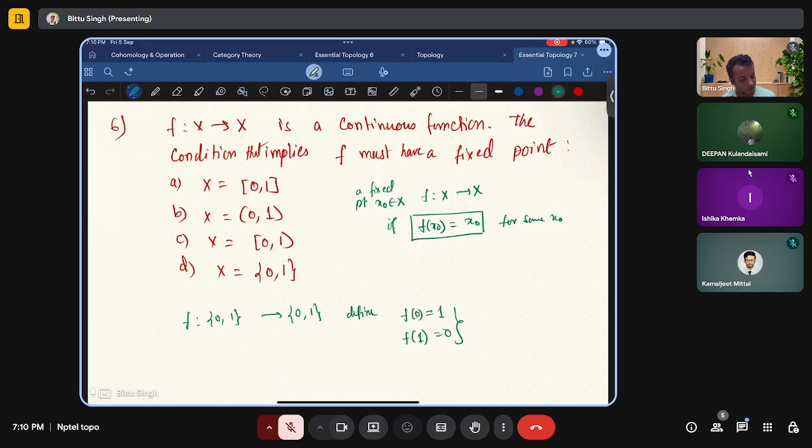So if we define it like this, then f is continuous. Because on the left side, or whichever side you choose, this is actually the discrete topology. Because 0 is an open set. This singleton set {0} is open in this subset [0, 1).